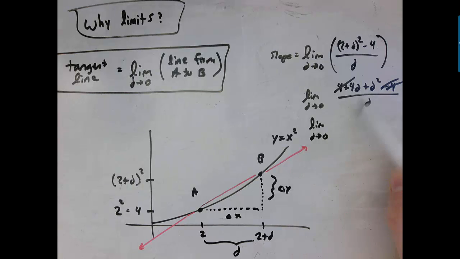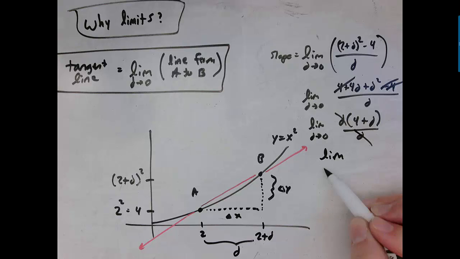So I've got d times (4 plus d), and then that's all over d. And now d divides d. So now I've just got the limit as d approaches 0 of 4 plus d.